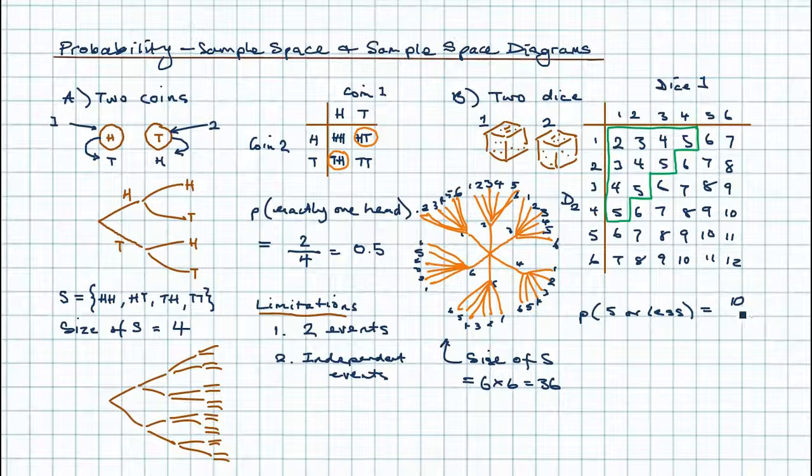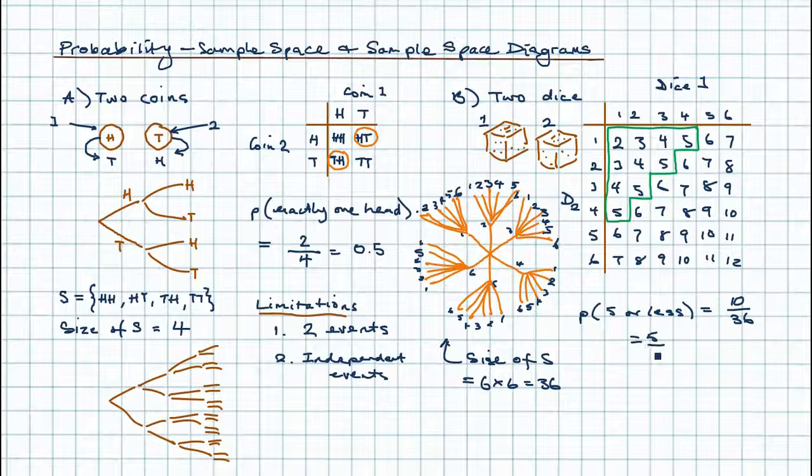But we've got 10 that are very clearly 5 or less, and the number of possible outcomes is the total number in the grid, which is 36. So it was very easy for us to calculate that, perhaps much easier than working with a diagram like this.